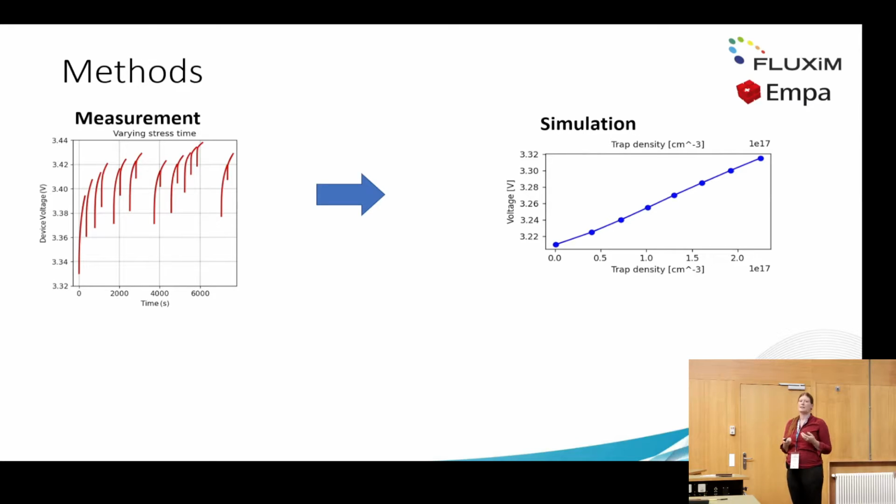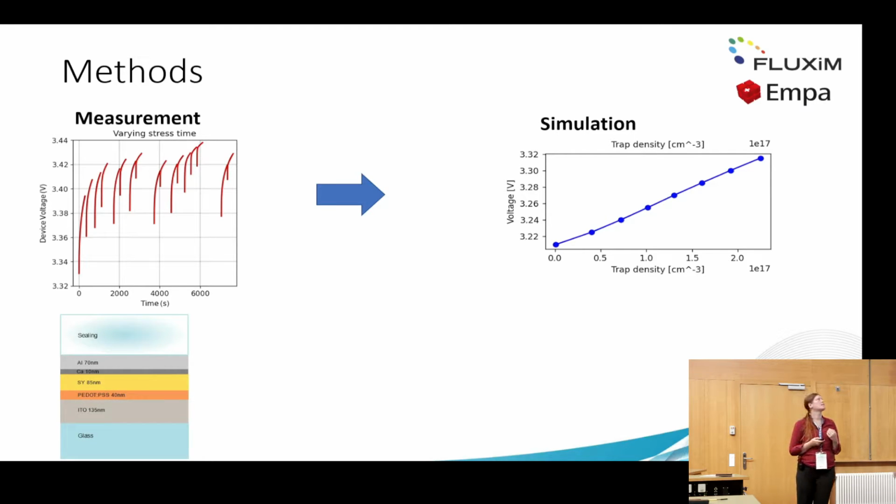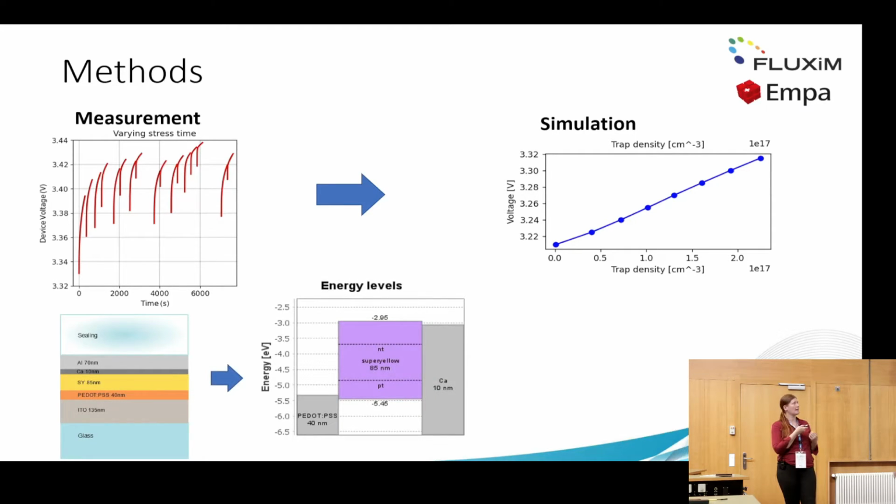So what we have to do is apply some kind of model, and we decided to take our stack and make a very simple electrical stack consisting of just the PEDOT layer, the Super Yellow layer, and the calcium layer, and do drift diffusion simulation to get to the number we want to extract.